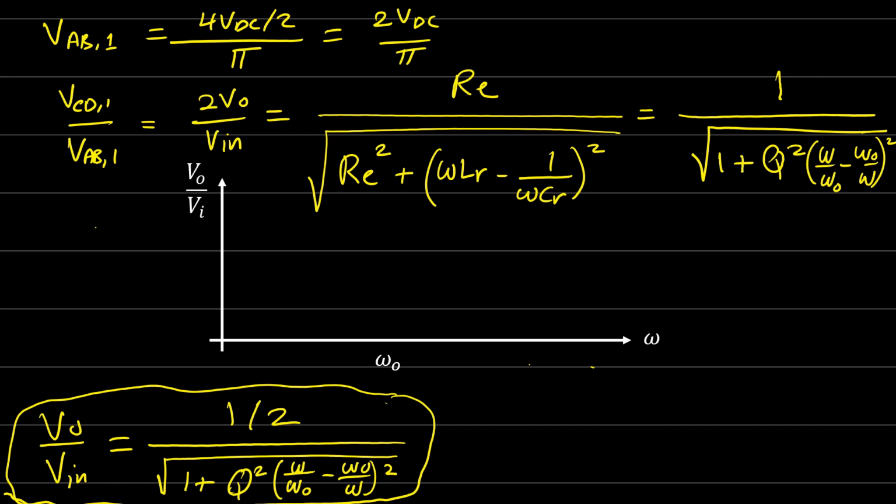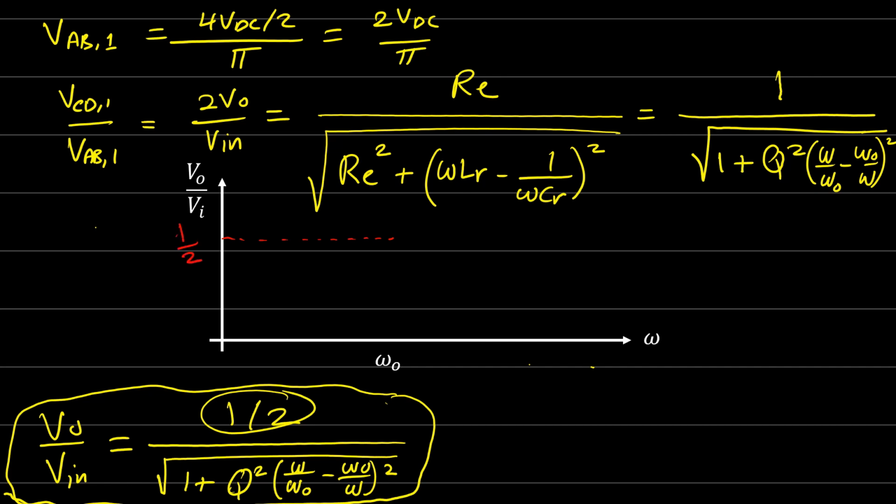Here we obtained exactly what we obtained last time for the series resonant inverters. The only exception is that the output voltage is half of the input voltage because we used a half bridge inverter. Now, if we draw the voltage V out over V_in with respect to frequency, you'll find that the maximum value for V out over V_in in this case is 1 over 2.